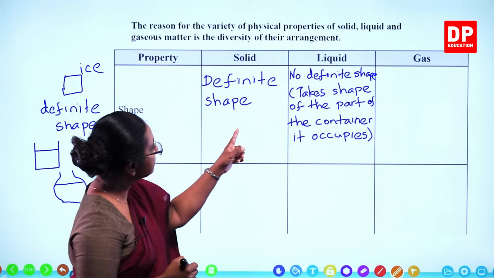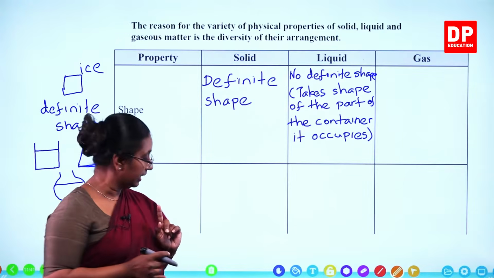What does that mean? Takes the shape of the part of the container it occupies.